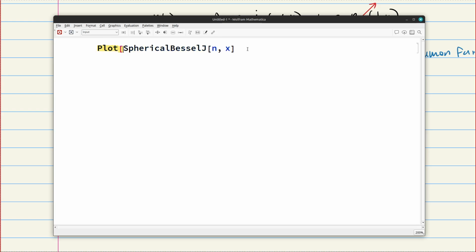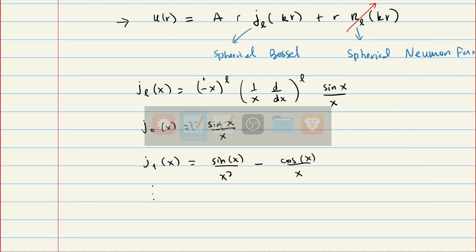Plot SphericalBesselJ with x from 0 to, say, 10, and I need to say something for n. For example, this is 0, so this is sine x over x.